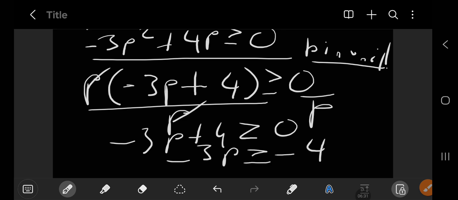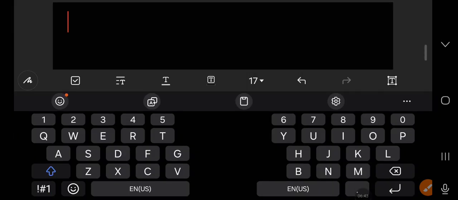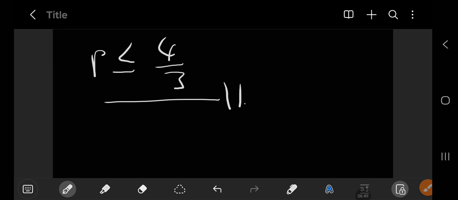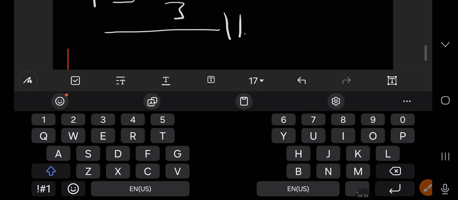I think this is what I was talking about. When we divide by a negative on both sides, the inequality sign will change. So that means p in this case would be less than or equal to 4 over 3. That's for which you would have real roots. Please do test your answers, guys.